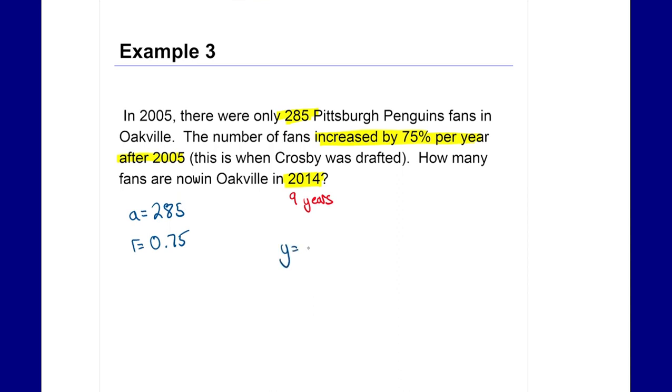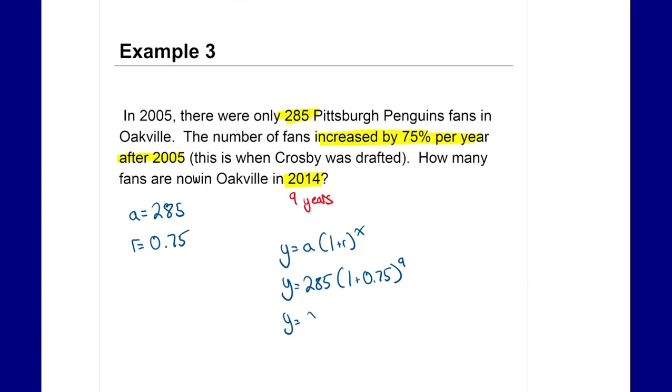So I'm going to take all that information and plug it into my y equals a times (1 plus r) to the power of x. y equals 285 times (1 plus 0.75) to the power of x. Actually, in this case, we now know that x is 9.